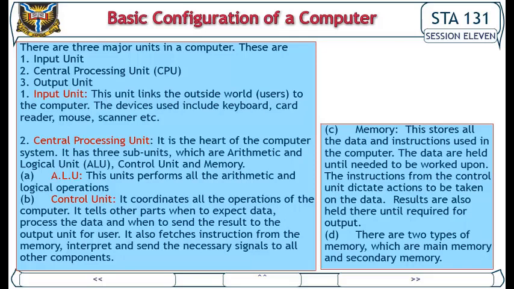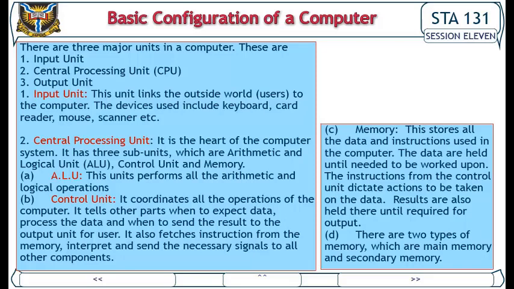B. Control unit. It coordinates all the operations of the computer. It tells other parts when to expect data, process the data, and when to send the result to the output unit for user. It also fetches instructions from the memory, interprets and sends the necessary signals to all other components.